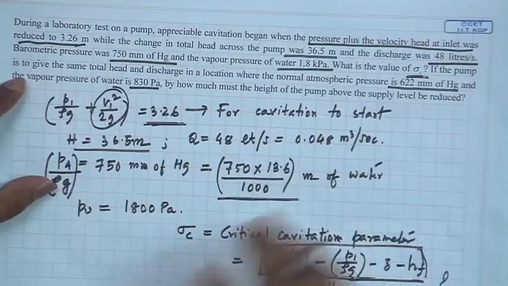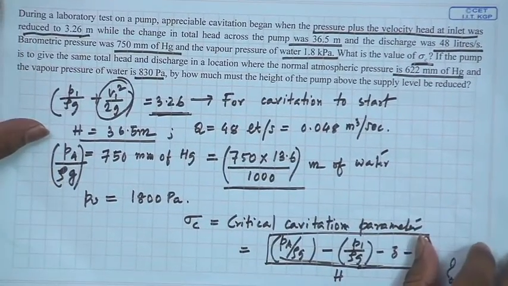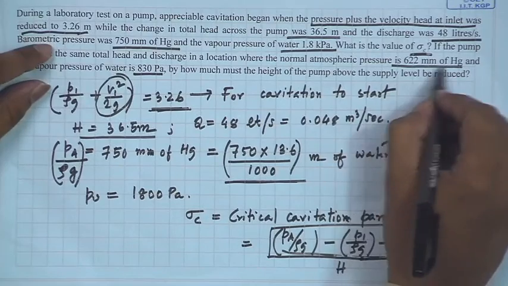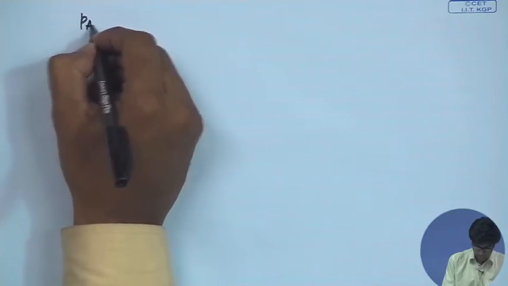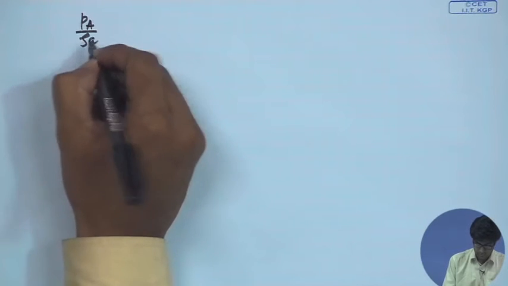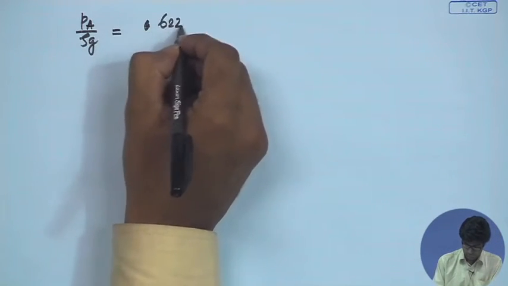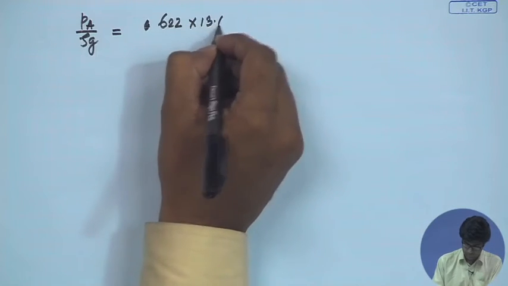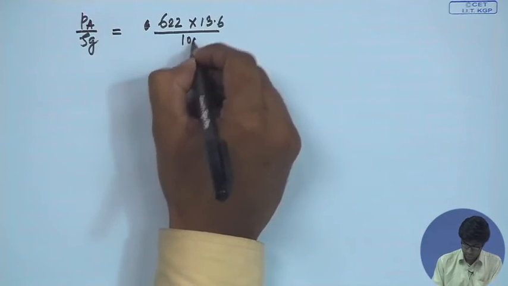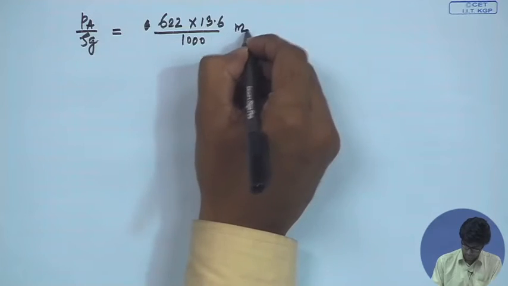Now, let us move on to the next part. In the next part, the atmospheric pressure was given as 622 millimeter of Hg, that is, the atmospheric pressure head is 622 into 13.6 divided by 1000 meter of water.